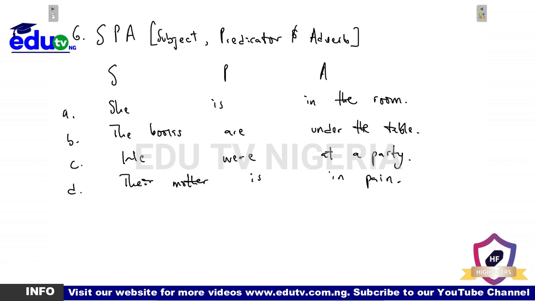So in pain here is not telling us the location of she, am I right? But rather it is telling us of a particular condition. So it's more like a phrasal verb, to be in pain, which is telling you to be in a particular situation that you're not comfortable with, like you're going through pains. You're feeling uncomfortable all over your body. Do we get it? That's just what we mean by in pain there.